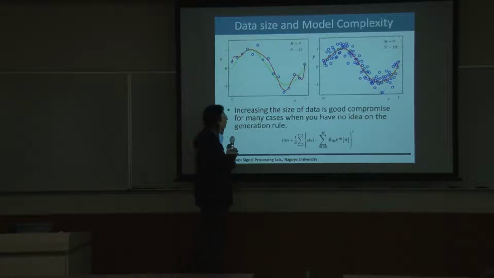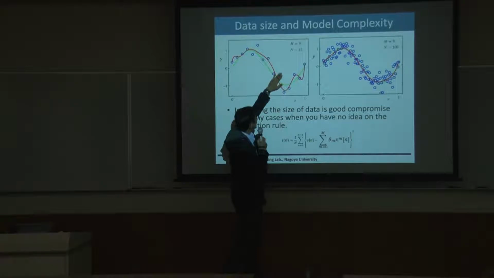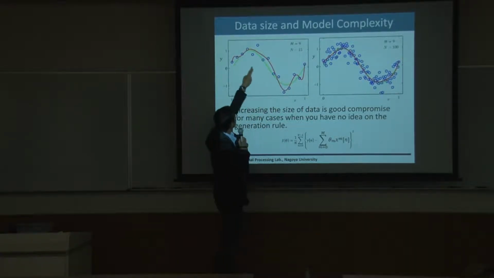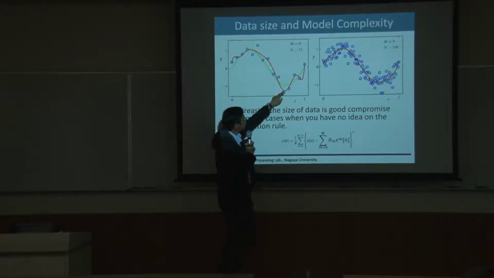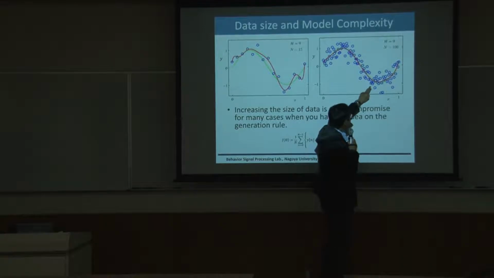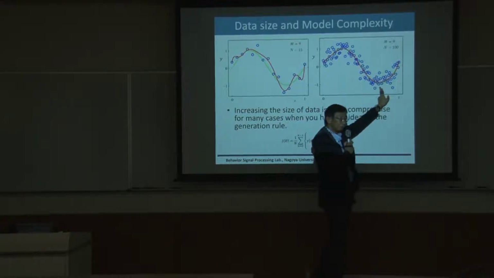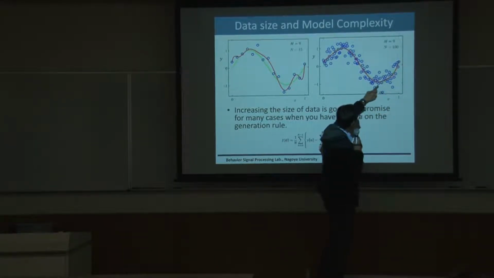Even with the same order polynomial, meaning a 10 free parameter model, if you get not 9 but 15 data points, it looks much better than the previous one. And if you use 100 observations for estimating the free parameters, the line almost lies on the real value.